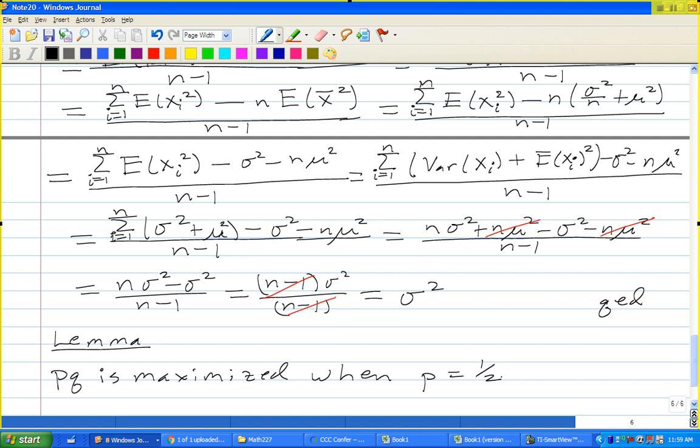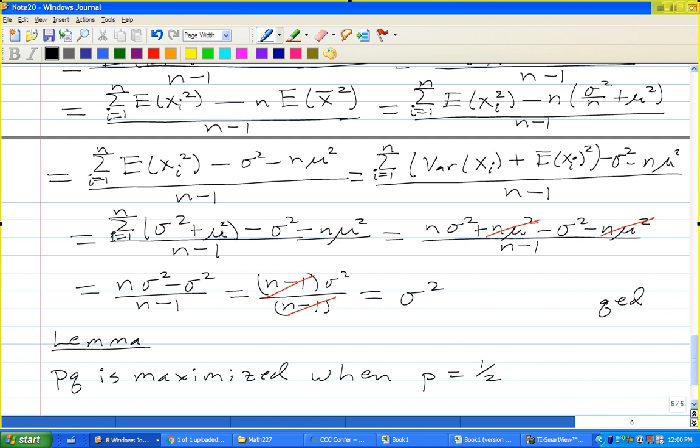So when we did calculations where we didn't know the population proportion, I said, well, just let it equal 1/2, because this will always give you the maximum sort of error. And so it turns out that P times Q, again Q is 1 minus P, will be maximized when P is indeed equal to 1/2.